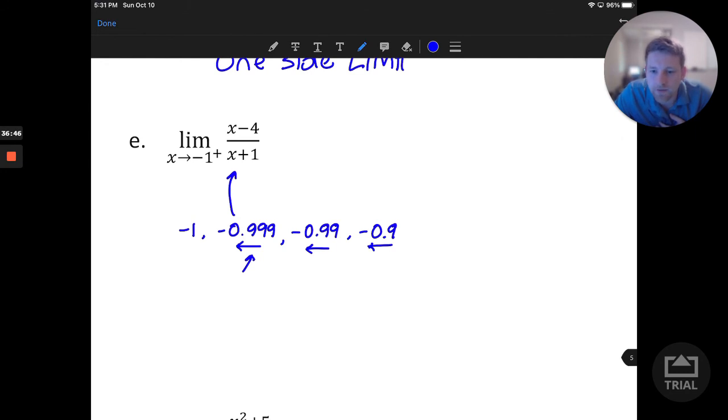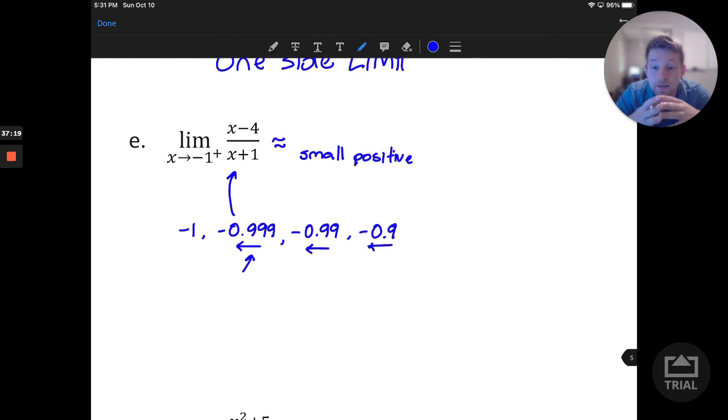If I have x plus 1 and x is going to be -0.999, something very close to -1 but greater, this is actually going to produce some very small positive value in the denominator. Some increasingly small positive value that's going to remain here.